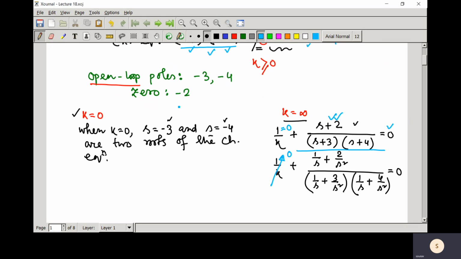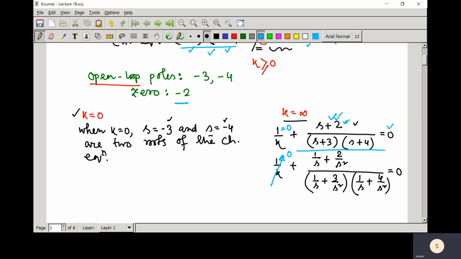What is that s equal to minus 2? That is actually the open loop zero. So it is very interesting that whenever K tends to infinity, that root locus branch approaches the open loop zero.